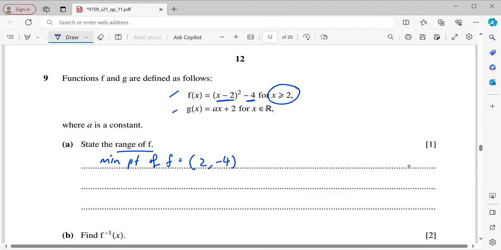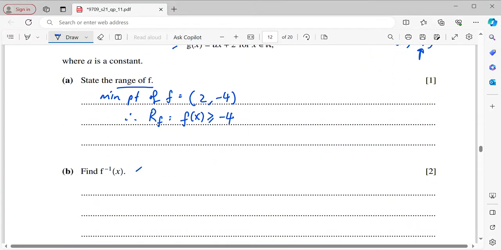Since your x is greater or equal to 2, which means this is your 2, negative 4. Which means all your other y must be greater than minus 4, but you can accept exactly minus 4 because your x includes exactly 2. Therefore, from here, the range of f will be fx at least minus 4. So that's the solution for 9a.